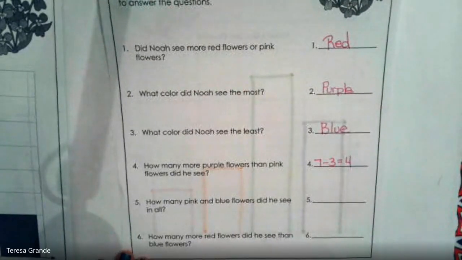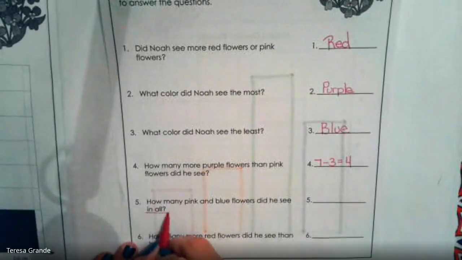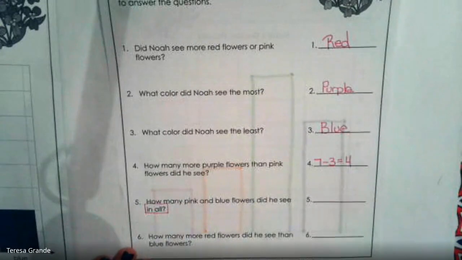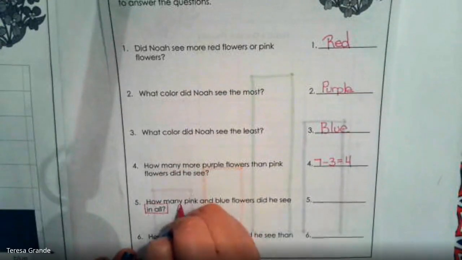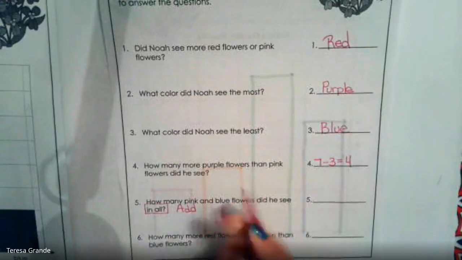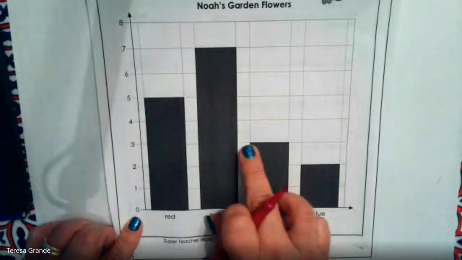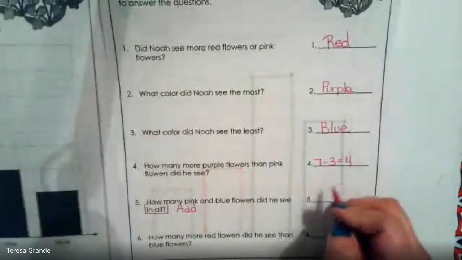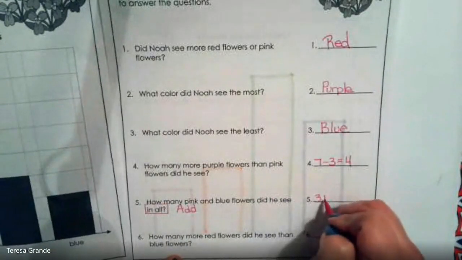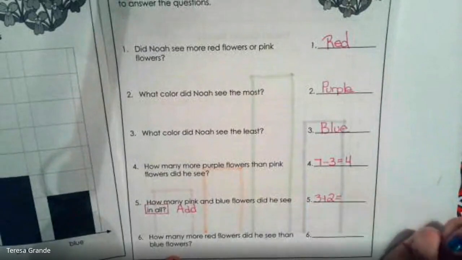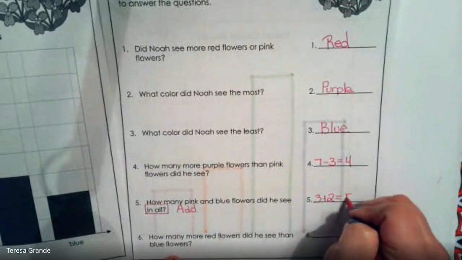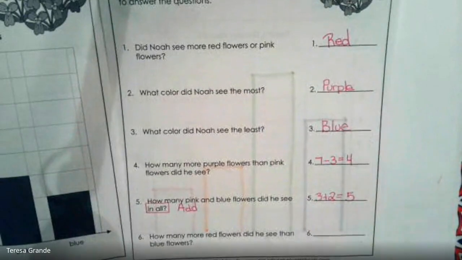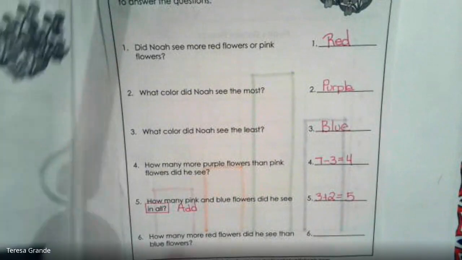How many pink and blue flowers did he see in all? We have the words in all, which means we need to add. So we need to see how many pink and how many blue. We know there are 3 pink and 2 blue. So we need to add 3 plus 2 equals, very good, 5. Number 6, how many more red flowers did he see than blue?